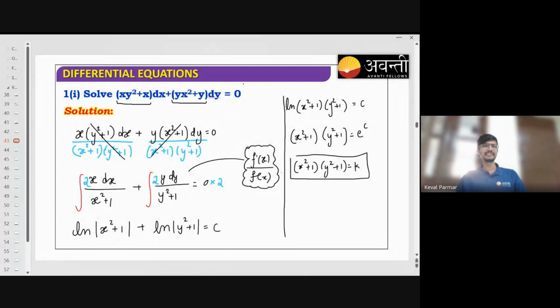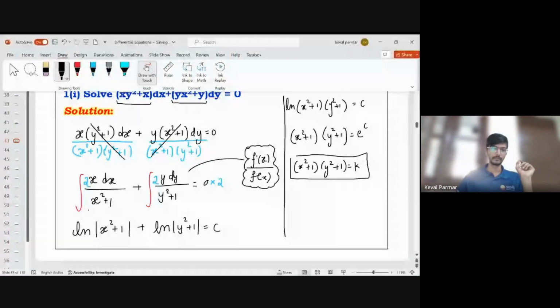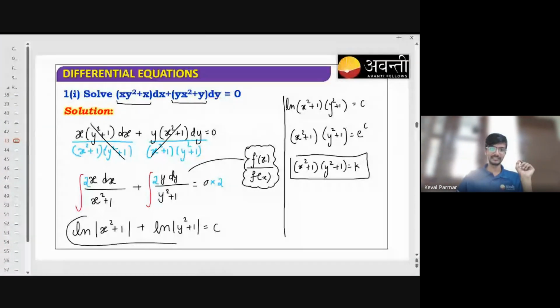Because in such cases, though we do not have options here, if they ask in MCQs in JEE, you will not see this answer in the options. The answer that you will see will be the boxed one.